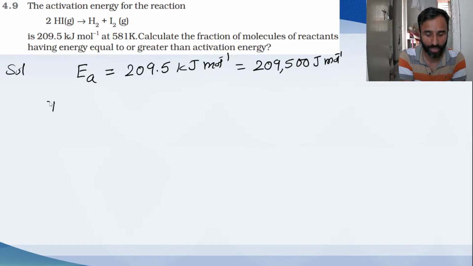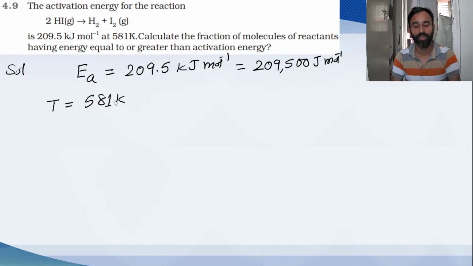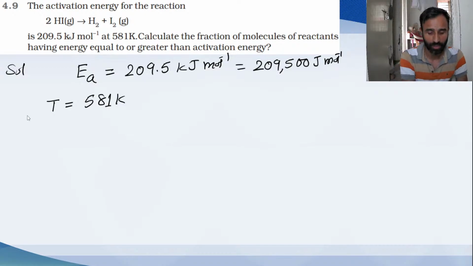The temperature is given to us as 581 Kelvin. So we have to calculate the fraction of molecules of the reactants having energy equal to or greater than activation energy.